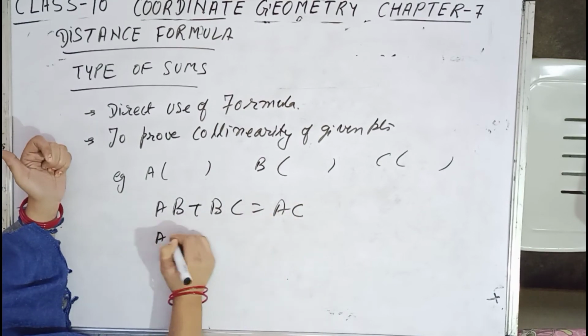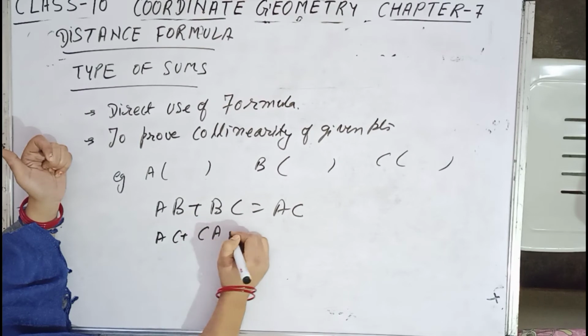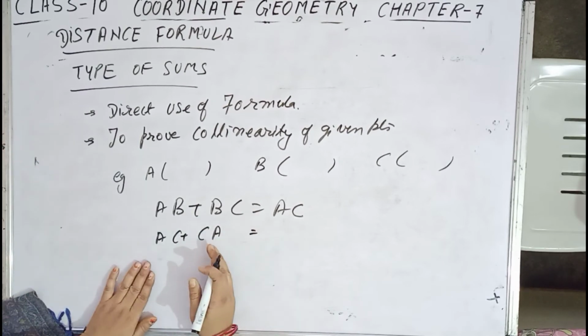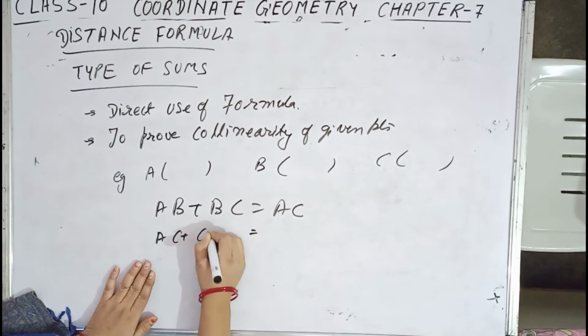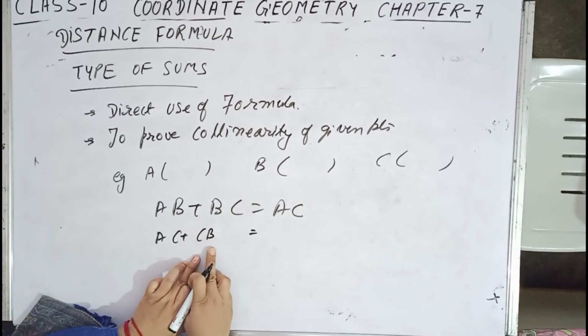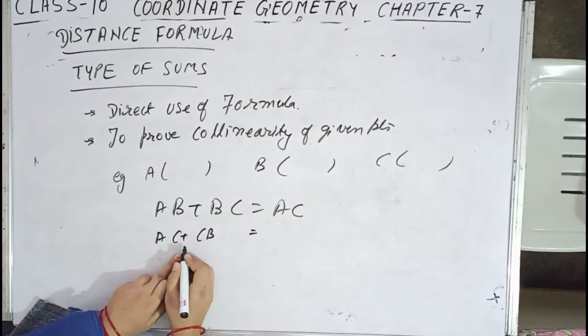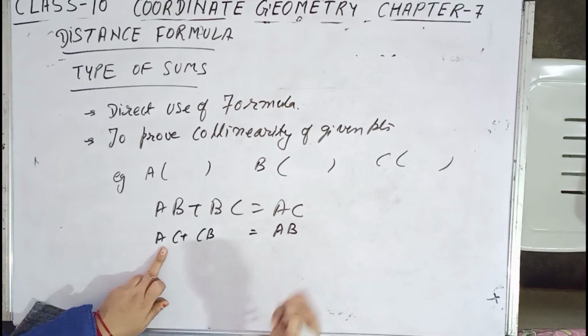You can also get AC plus CB is equal to AB.